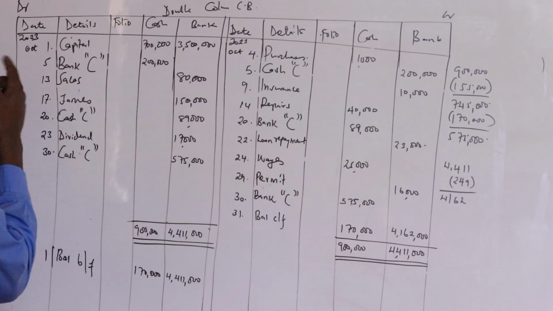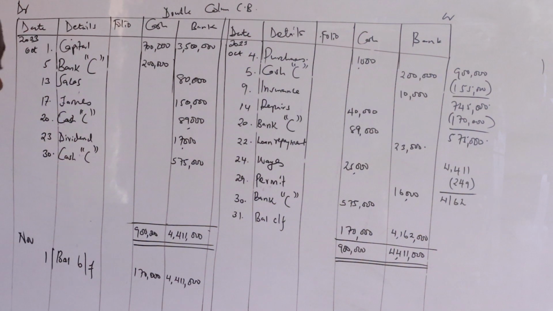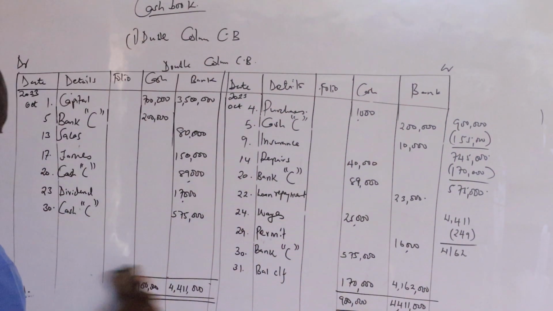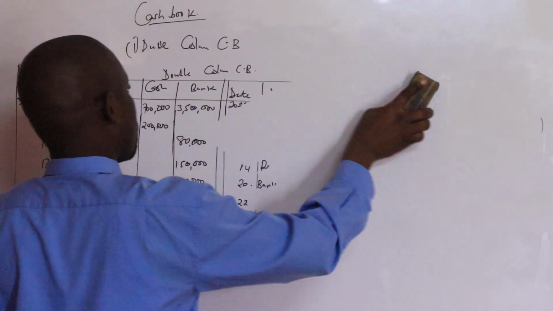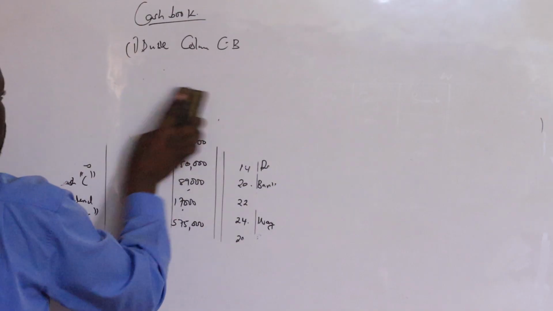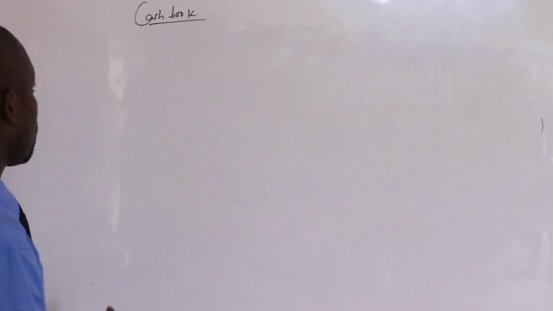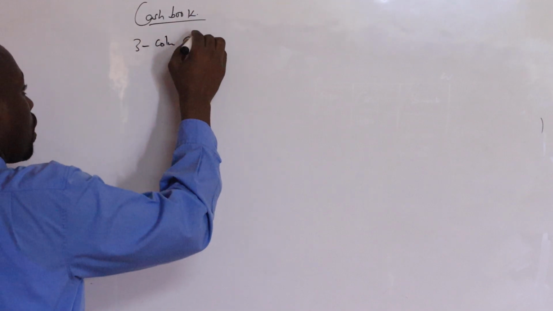Now we got the next one, which we call 3-column cash book. Three-column cash book.